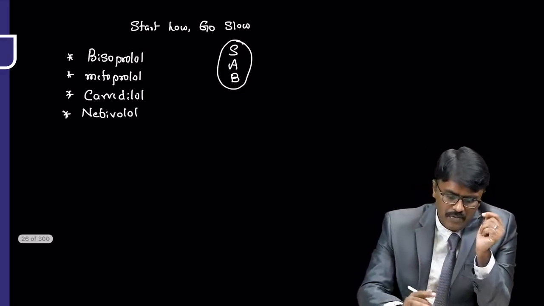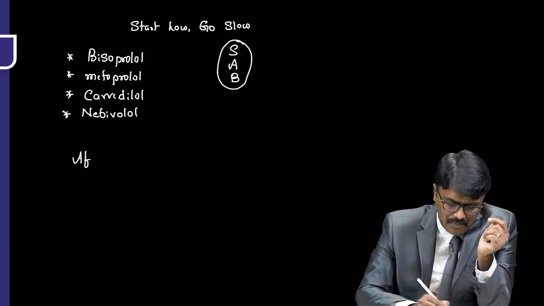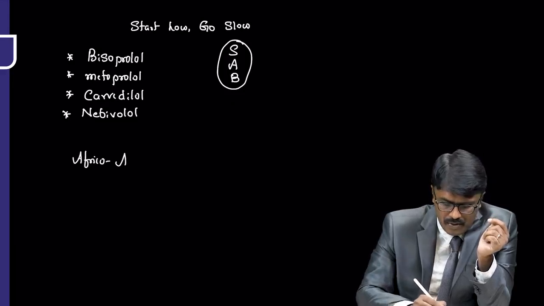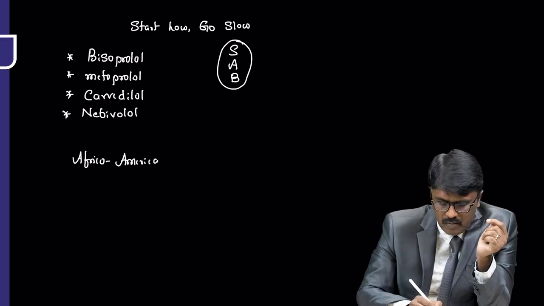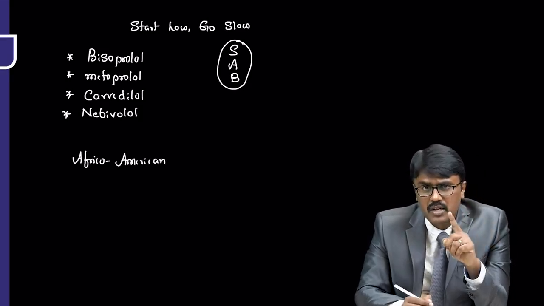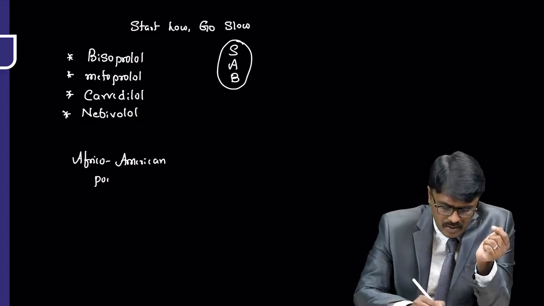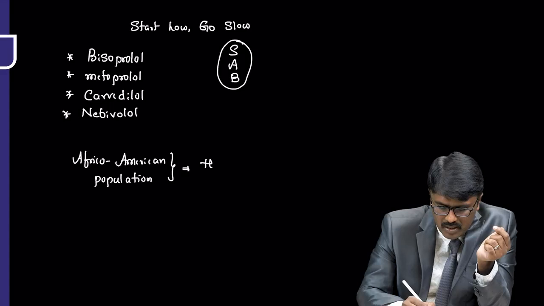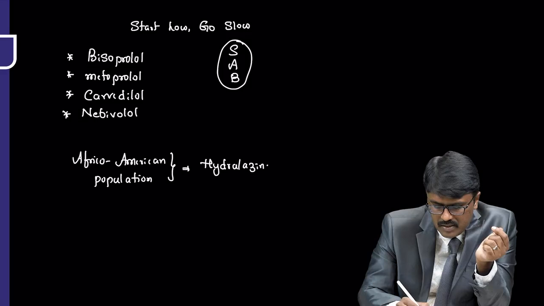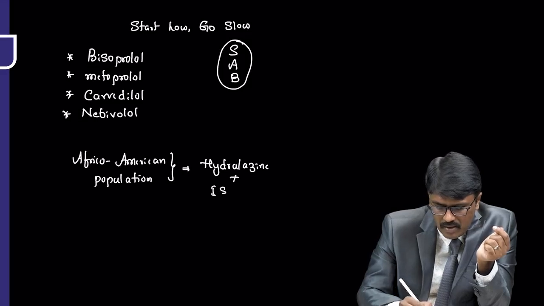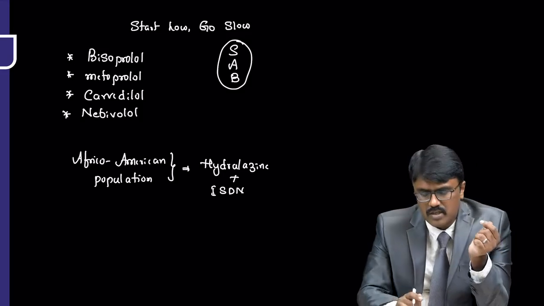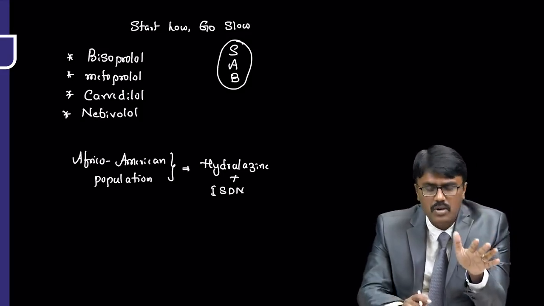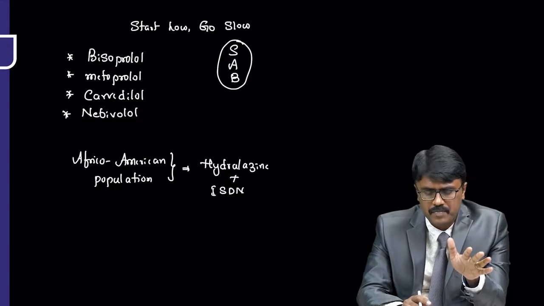But in the African American population, there is one more group of drugs which has been shown to decrease mortality, and that is a combination of hydralazine plus isosorbide dinitrate. This combination has decreased mortality, and that is proven only in the African American population.